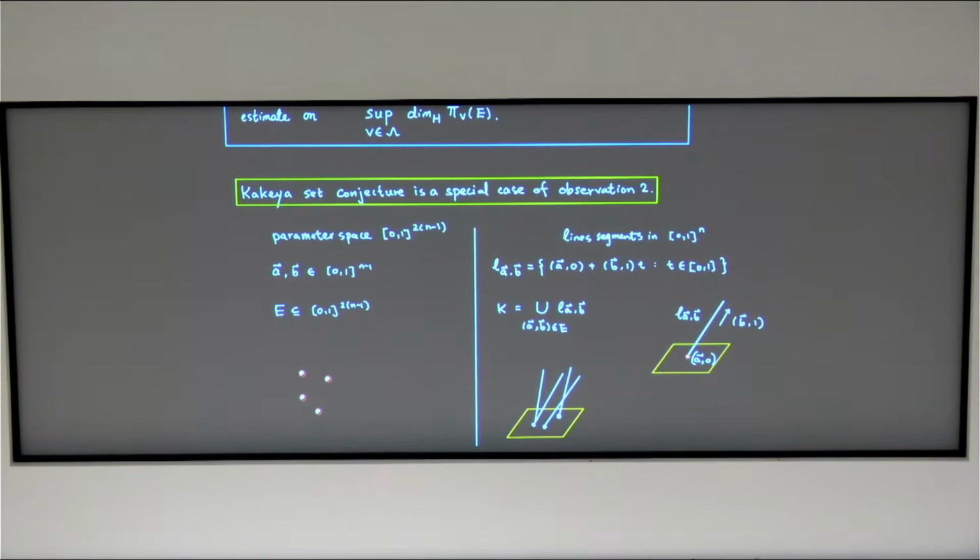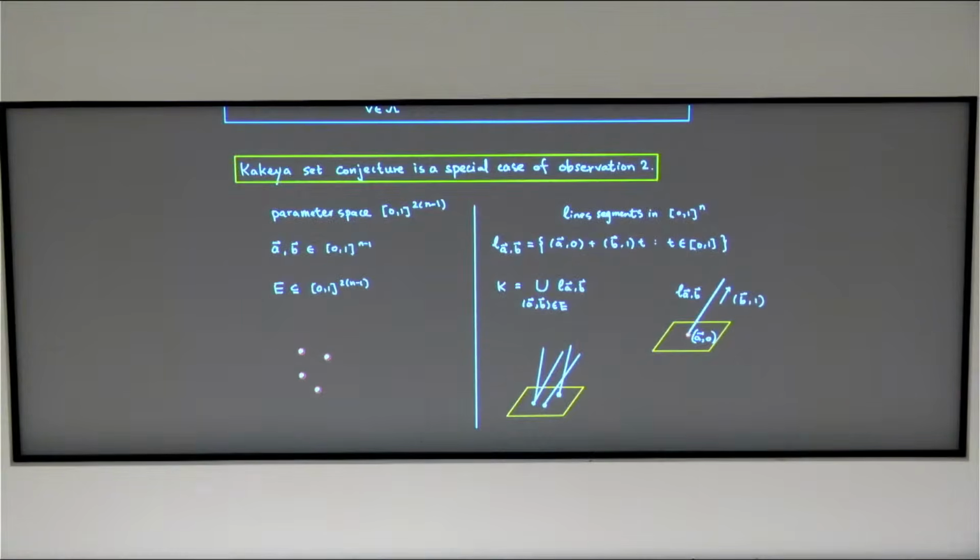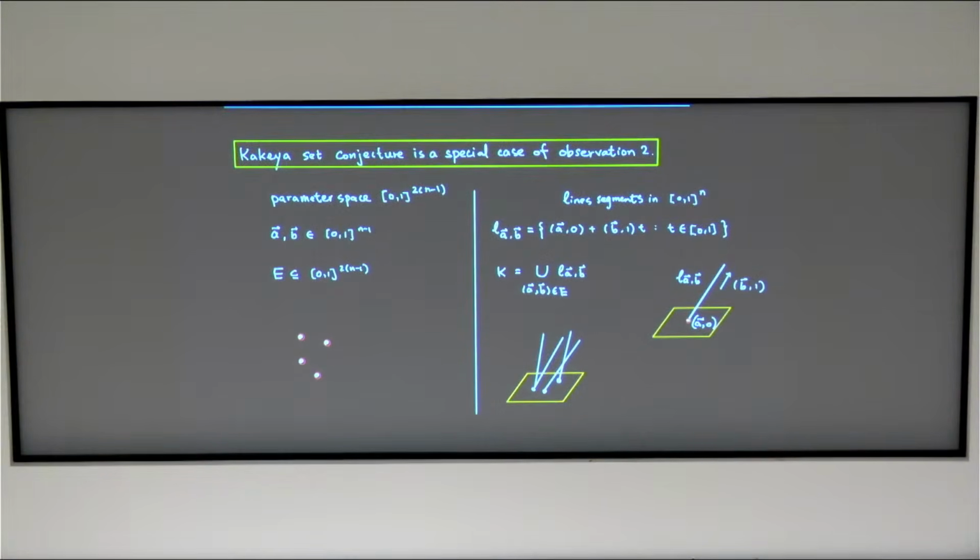So line segments in Rn can be parametrized. Most of the line segments can be parametrized by, let's say, A and B in the unit cube in Rn minus 1. So suppose we have a subset in the unit cube in R2 times n minus 1.